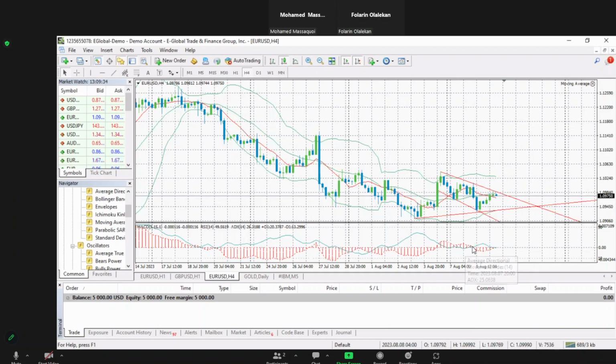You can see the indicators trending up, I mean the ADX going up for strength, and the MACD coming down for sell. So if we do that, let me see how many pips we will make.